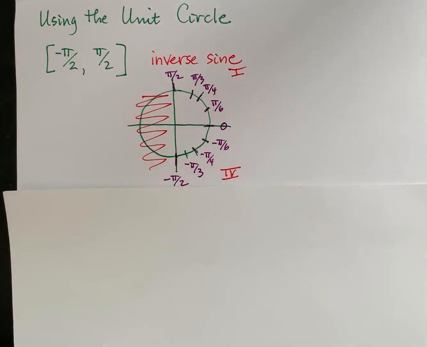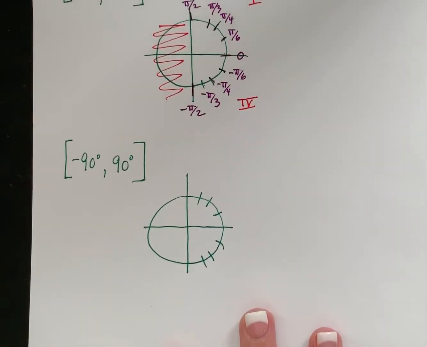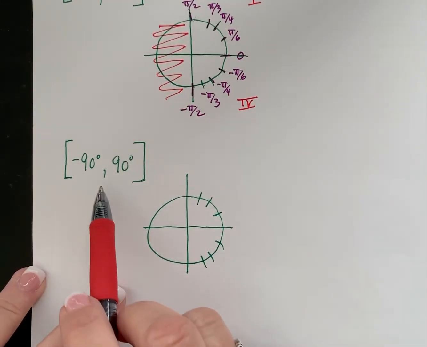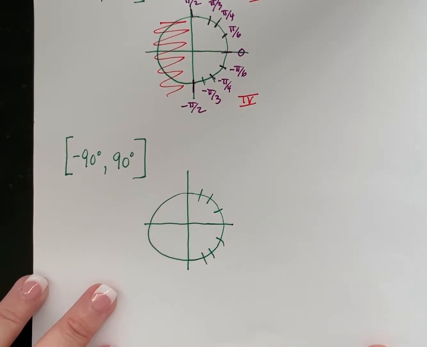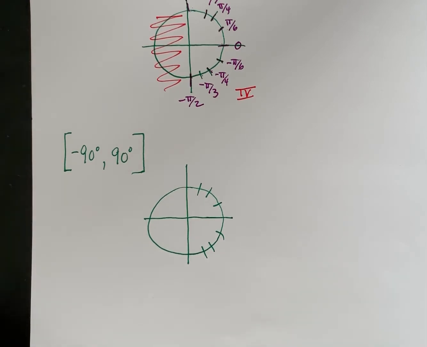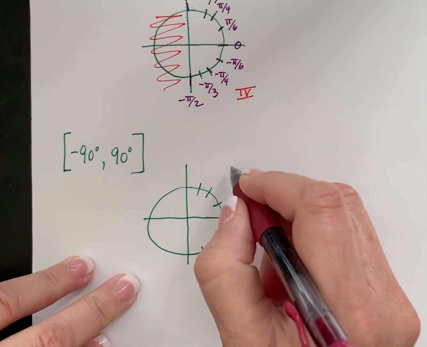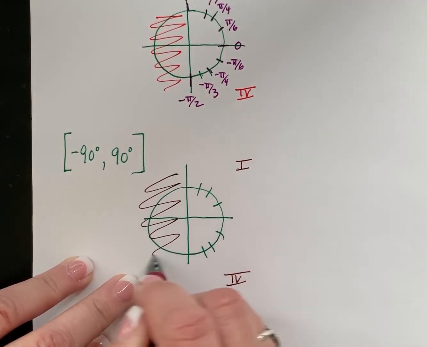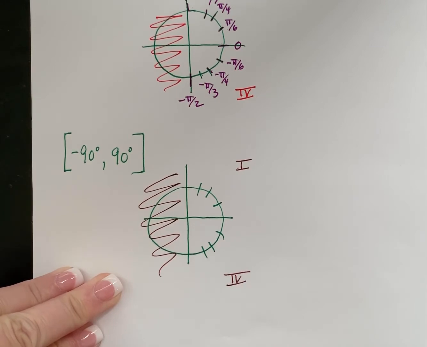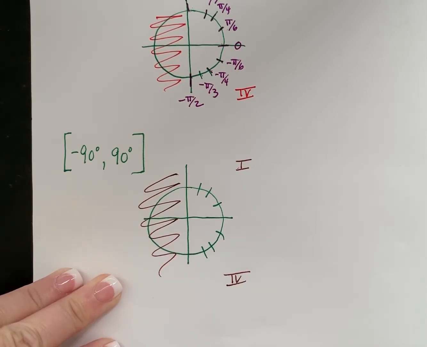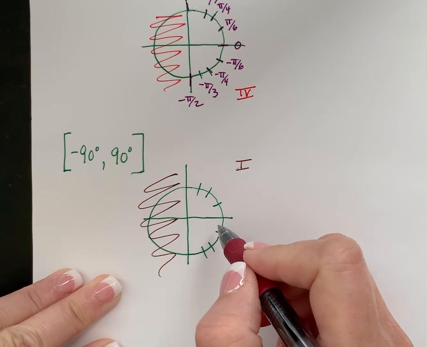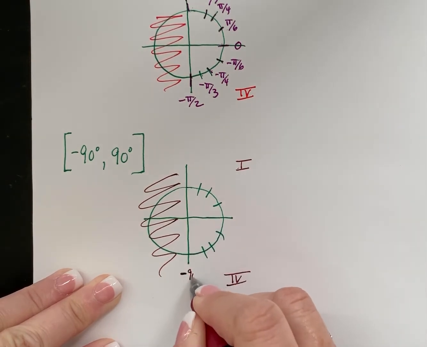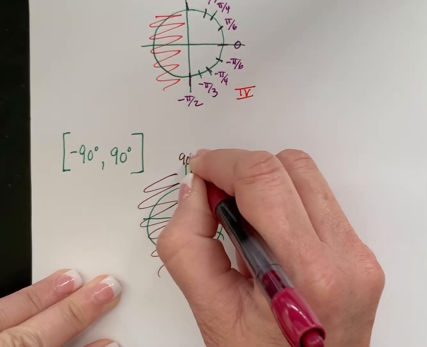Now, if you're doing inverse sine, but you're working with degrees, then your range is going to be from negative 90 to positive 90 degrees. On the unit circle, again, it's only going to be using quadrants 1 or 4. You're not going to use 2 or 3 when you're doing inverse sine. All your answers will be between negative 90 degrees and positive 90 degrees.